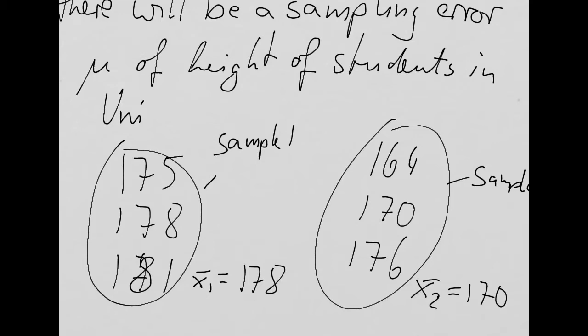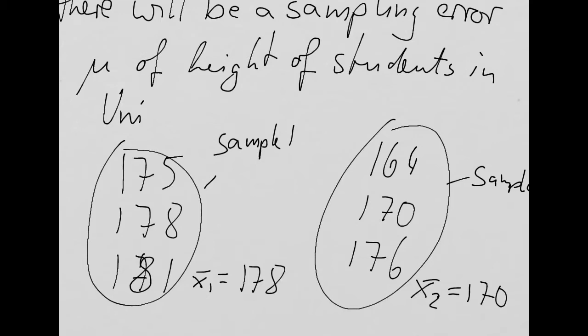I tried to make it easy for myself, so you can do that in your head. And what we see is that these sample means are different from each other. But they still represent the same population. They are taken from the students.